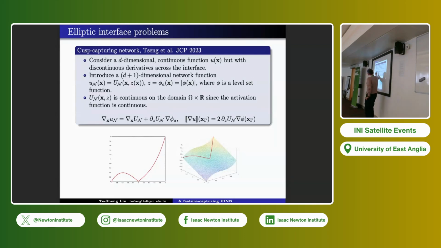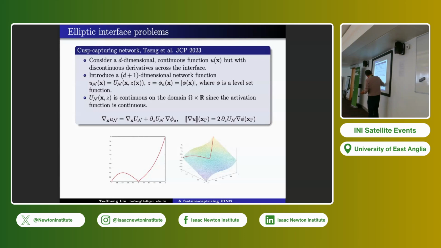So again, we introduce a similar feature capturing structure. If you understand what TE-SHENG is, then it's easier to understand this one. Think of this two-dimensional problem: we have just a cut, which is smooth, but has a jump discontinuity in the derivative at this single point.